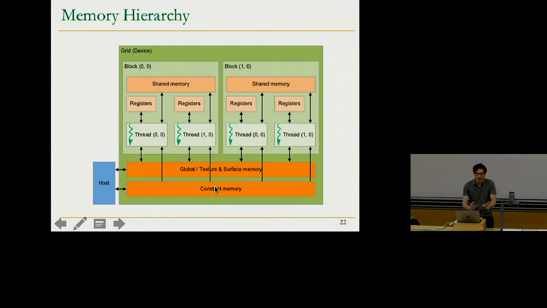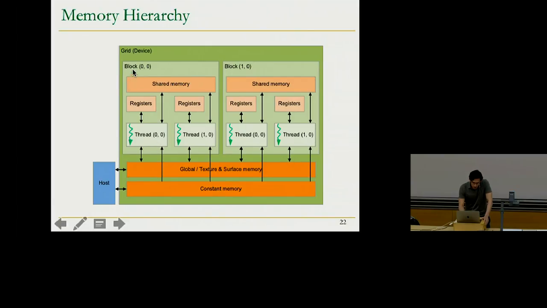There is some part that is used for constant operands, but you don't have to worry about that now. Just consider that all this dark orange thing is the GPU memory, and we are going to talk about it as global memory. So all threads, no matter what block they belong to, can access this global memory.